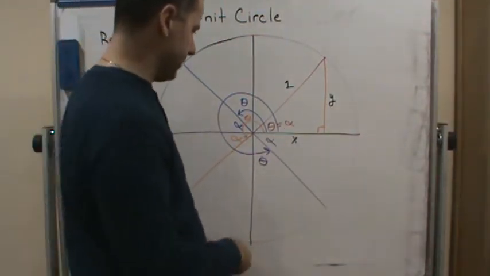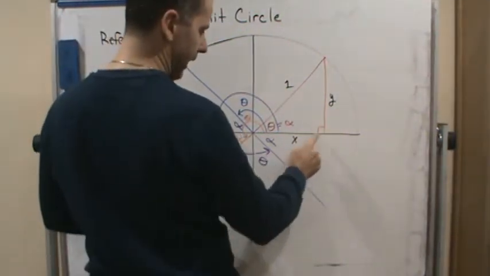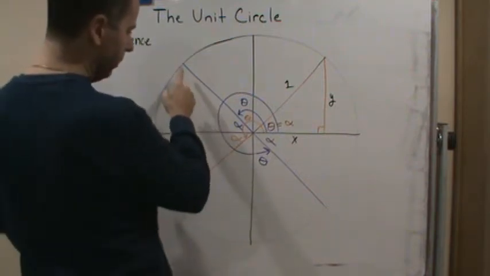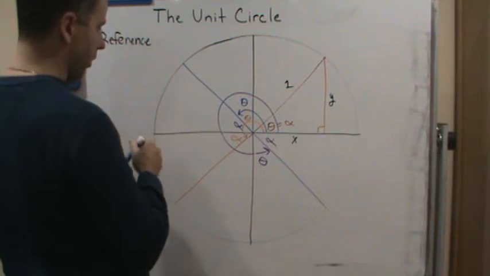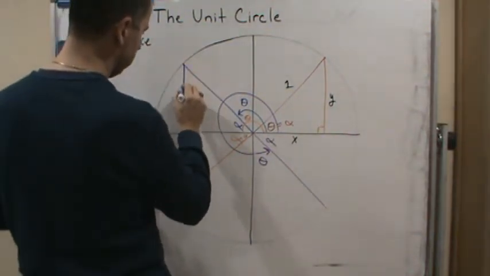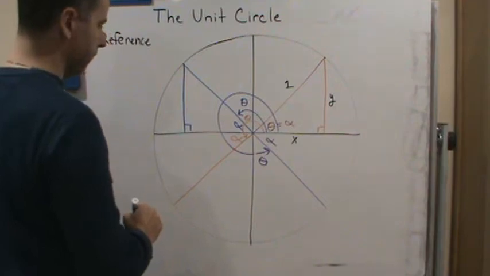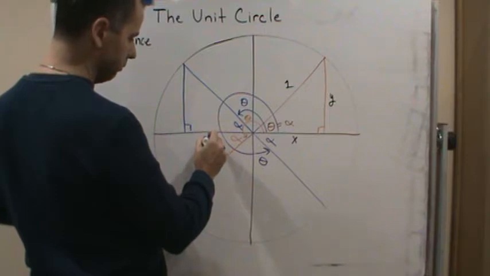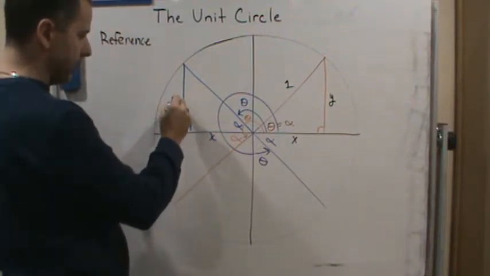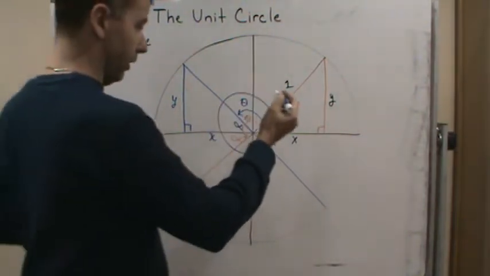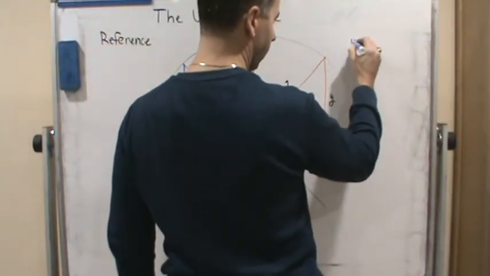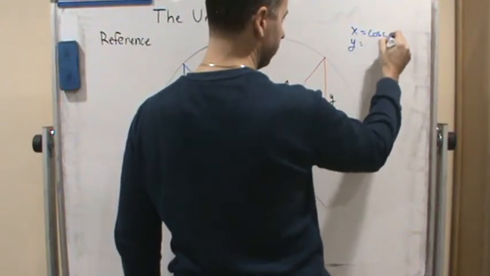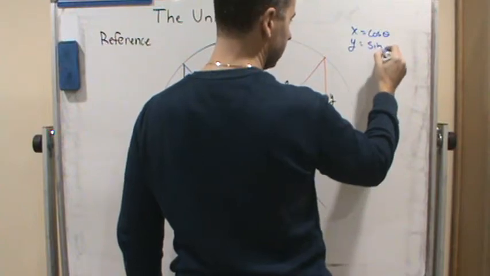The only difference is the value of x and y. Now over here, if I draw this triangle, x is negative and y is positive. So what does it tell us? In the first quadrant, x equals cosine theta and y equals sine theta.